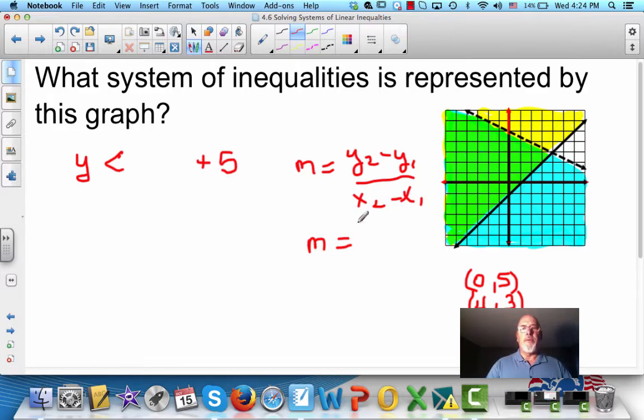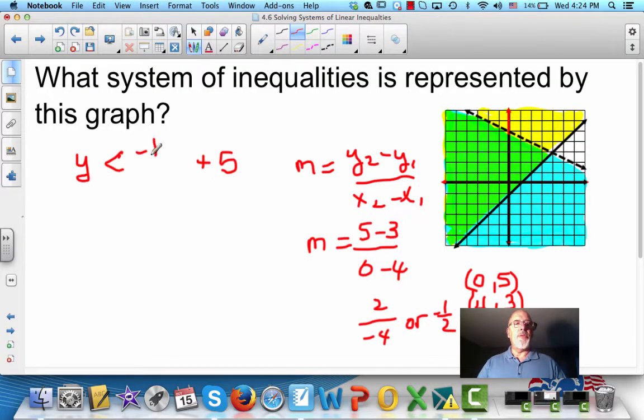So we go 5 minus 3 over 0 minus 4, which gives us 2 over negative 4, or negative 1/2. So then that gives us our slope, and our x goes there. And that's our first line.